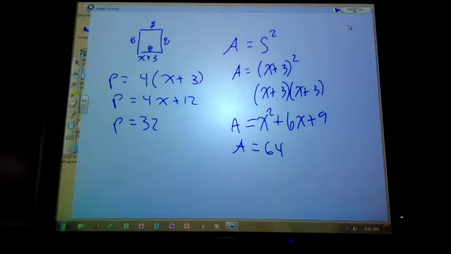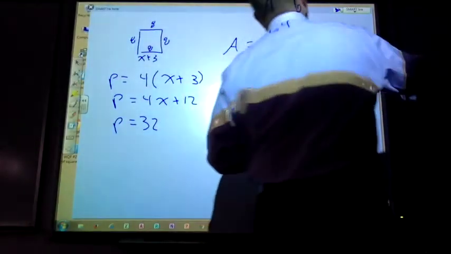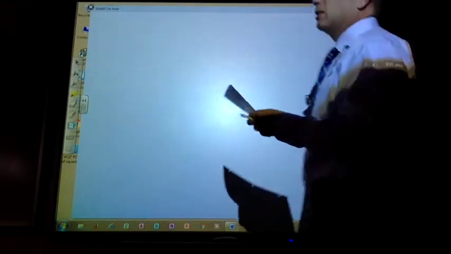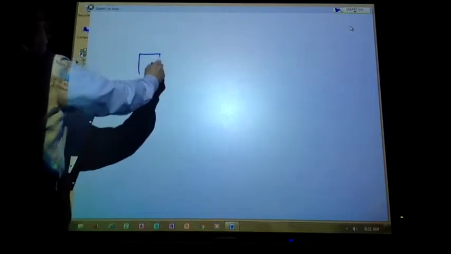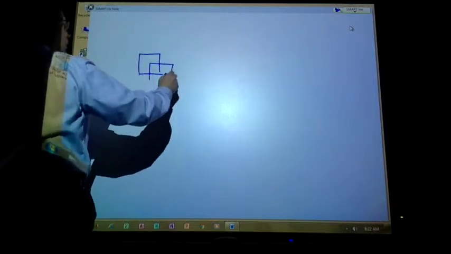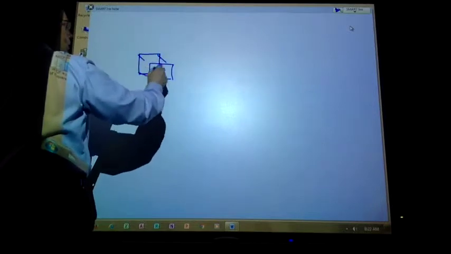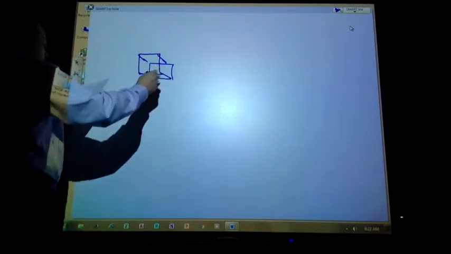Okay? One edge of a cube is represented by x plus 1. The volume of the cube is the edge to the 3rd. Write an algebraic expression for the cube. So a cube is a 3-dimensional box, right? Okay? So if you have a cube, it looks like this, and each of the sides is equal.